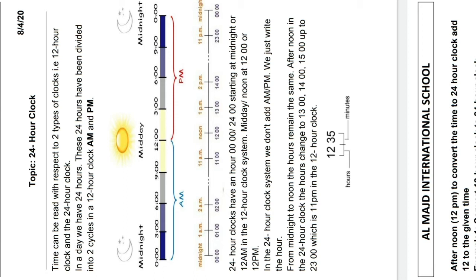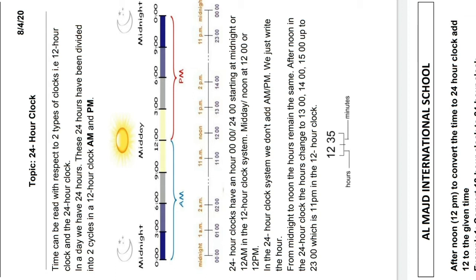Alright girls, so this is the difference between 12-hour clock and 24-hour clock. In 24-hour clock we're going to count the numbers 0 to 23 consecutively. Consecutive means one after another, like in the proper order.